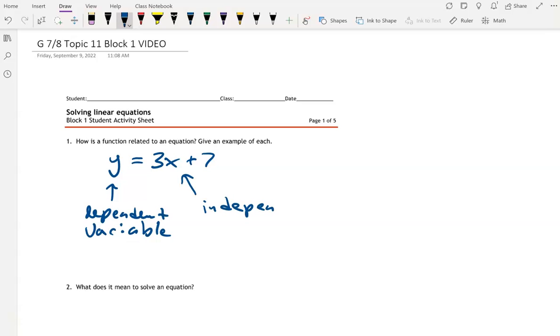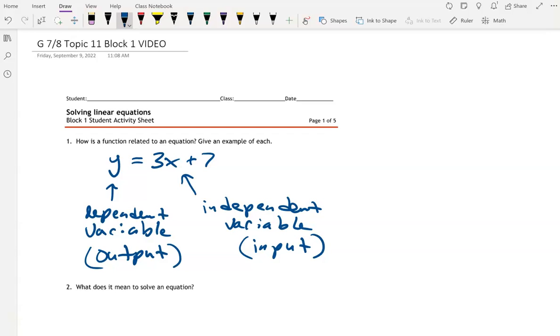The reason there's a dependent variable and an independent variable is that the answer we get for y, the output, depends completely on what we have here for x, the input. Okay, so this is a function.